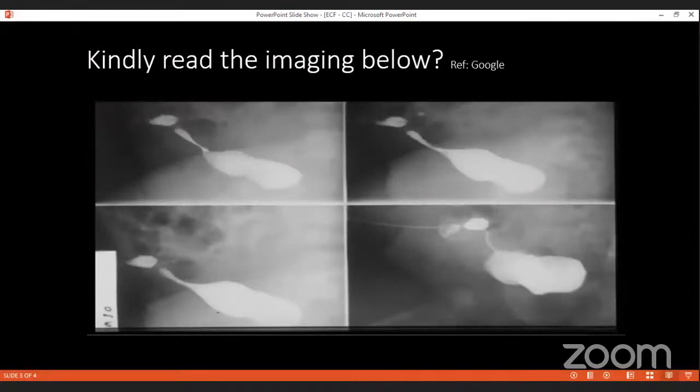What are you looking at? Ma'am, this is more likely a fistulogram in which I can see the catheter that has been inserted on the skin and a dye which has been given through this tract, and it's pooling inside.